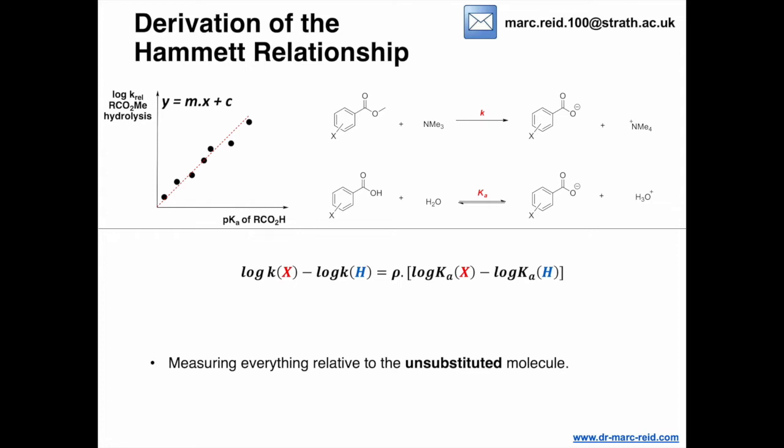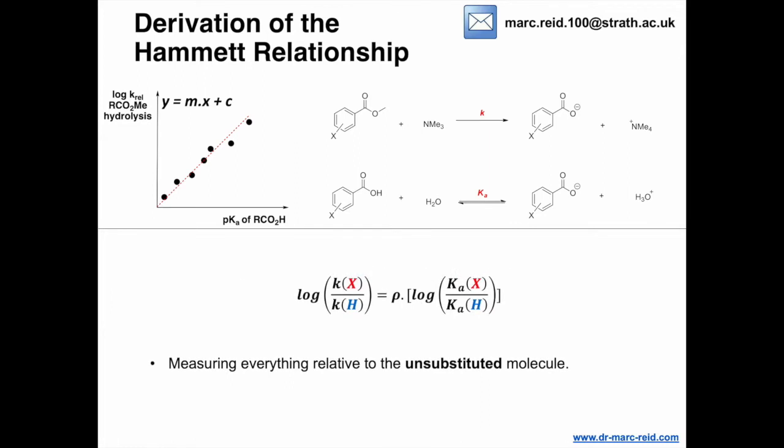If we now express this equation relative to the case for the unsubstituted substrates, H, we get the logarithmic difference equation shown in the centre of this slide. Remember that the difference of two logarithmic terms can be expressed as a single logarithm of the ratio of the two leading terms.